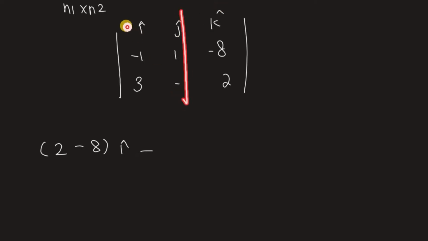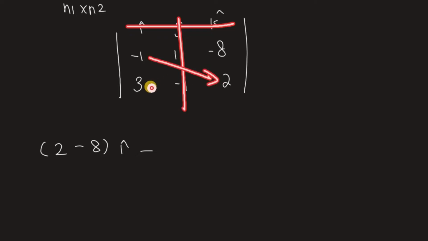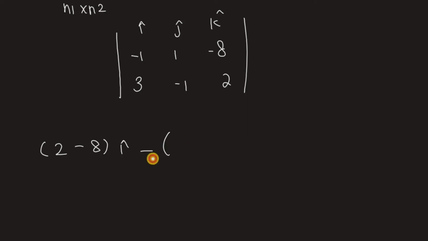Similarly you do the rest. You cross out the j row and column, and we get 2 and 24. And it's negative j always. So this is positive, this is negative, but this is positive.